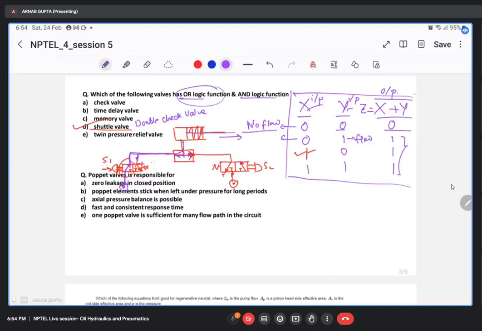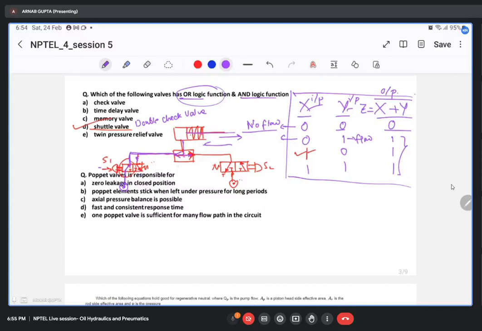Now that is one of the cases. Now suppose once you release this switch, since this is spring loaded and this actuator is also spring loaded, it will retract back, and S2 is already off. So what happens now? The flow will be directed through this port to the tank, right? Now suppose both S1 and S2 are pushed.